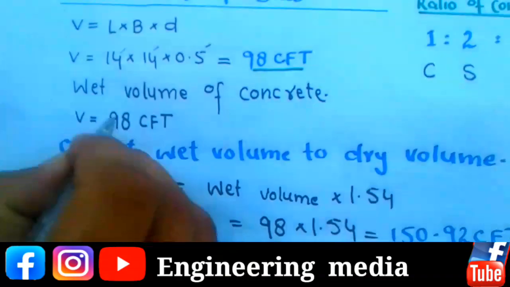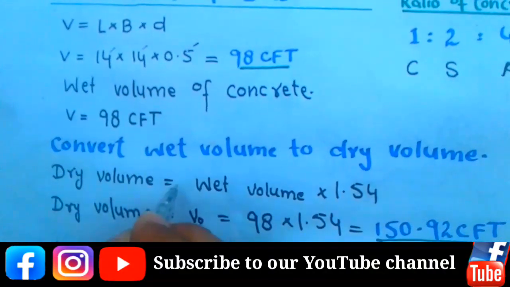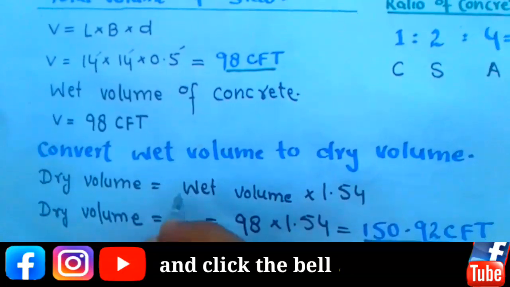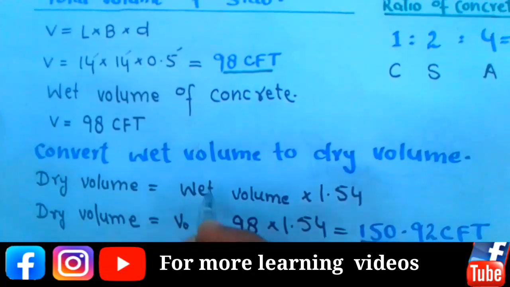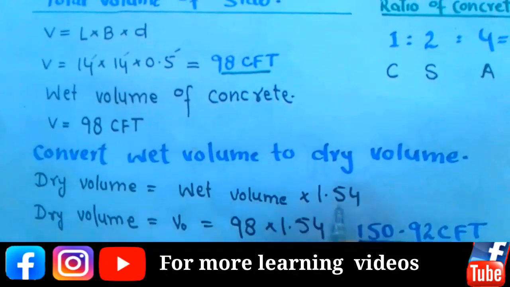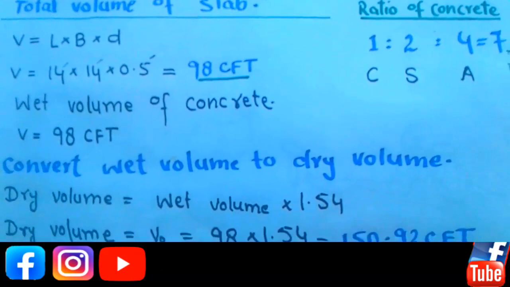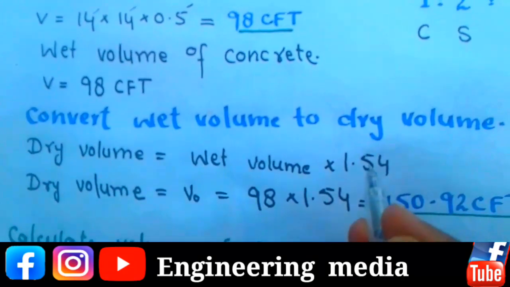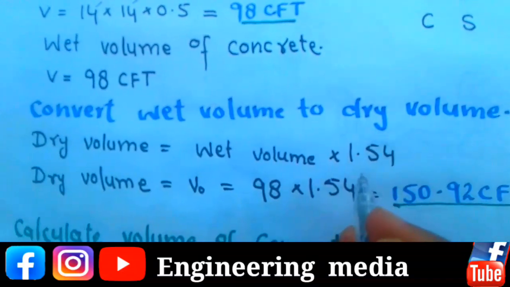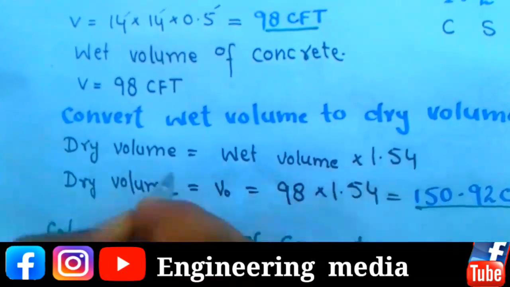When we convert this wet volume into dry volume, we multiply wet volume with 1.54, so dry volume is given out. This 1.54 is a constant value, and we use it to convert wet volume into dry volume.